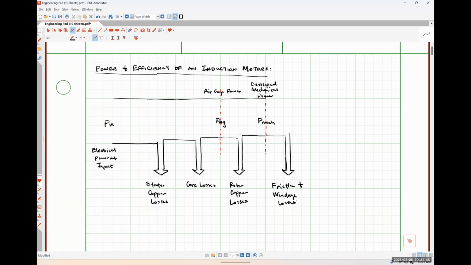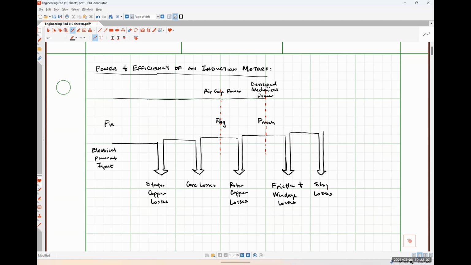And then we're also going to have a term, and this is just a catch-all thing. This is literally just called stray losses, and it's just a lump term of any other losses that we might have experienced.